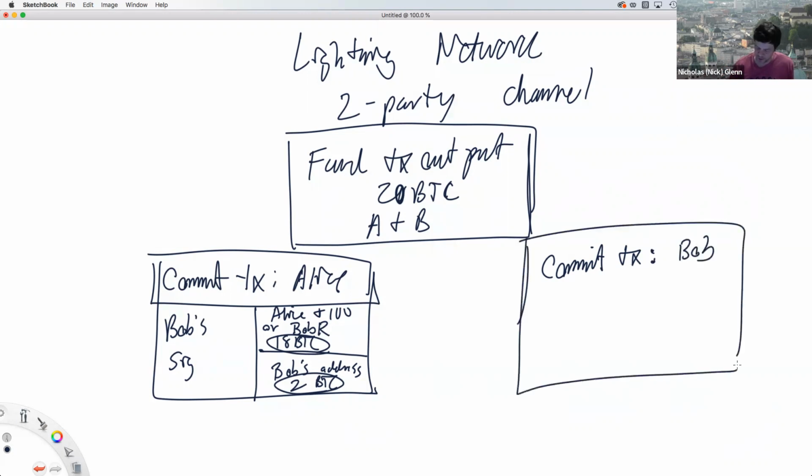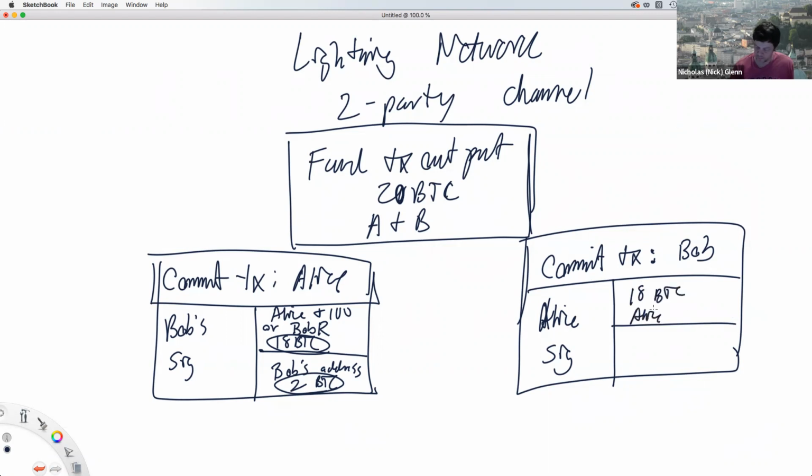And what does Bob's say? Well, first, Alice's signature is going to be on it, so one of the signatures is already there. And with this, Alice is going to get 18 Bitcoin. But for the other 2, there are 2 different potentialities.